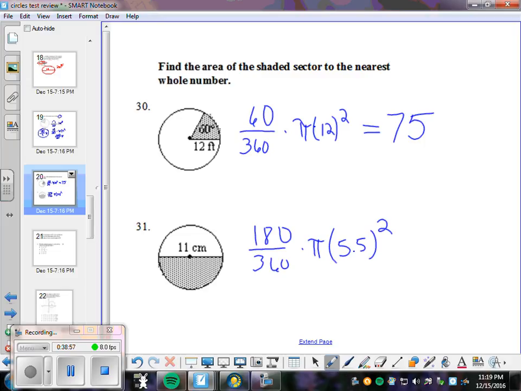So then multiply by pi and you get 48. Okay, that's your area of your sectors. That's 30 and 31. Okay, 32.